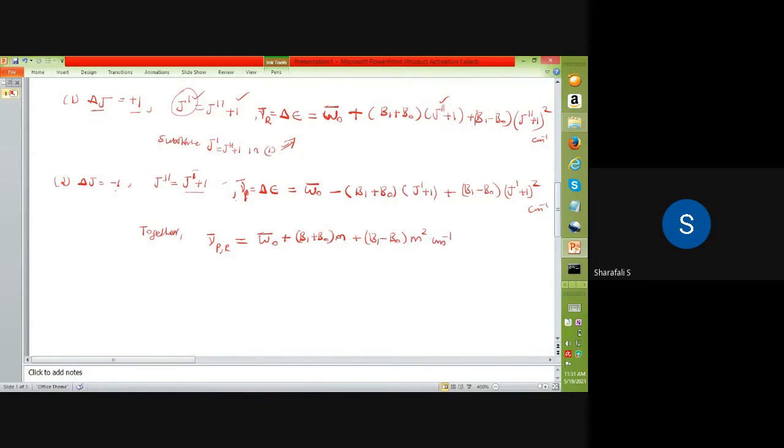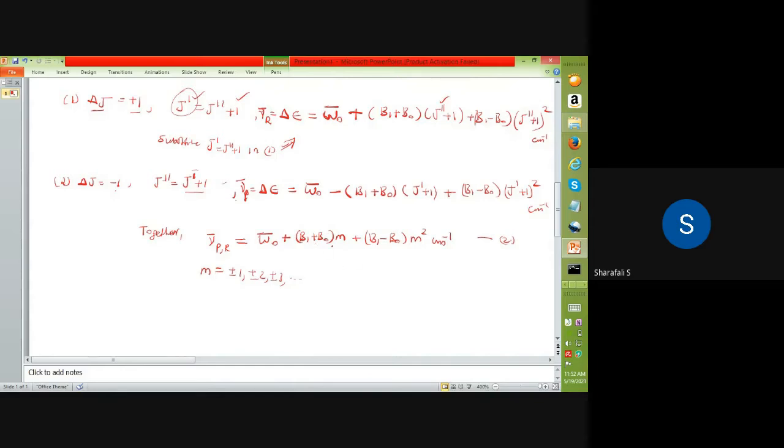So together, we are combining these two equations into a single equation. In this equation, m can take values as we know: plus or minus 1, plus or minus 2, plus or minus 3.